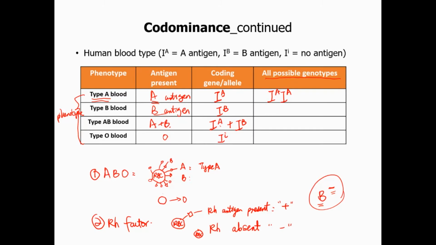Is there another possible way where you can also have type A? Sure, you can be heterozygous. You have the dominant A allele, you also have the recessive little i allele. So if you have either genotype, you will have type A blood. The same thing here for B, you can be homozygous dominant or heterozygous dominant.